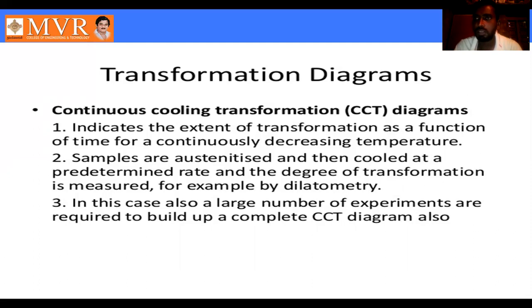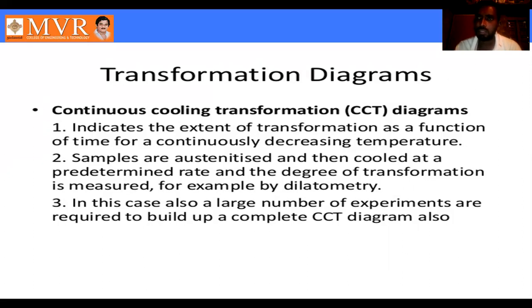The solidification begins at a particular temperature and ends at a certain temperature. For example, solidification may start at 600 degrees centigrade and end at 200 degrees. Between starting and ending, we can see the transformation of the material at each and every degree centigrade.